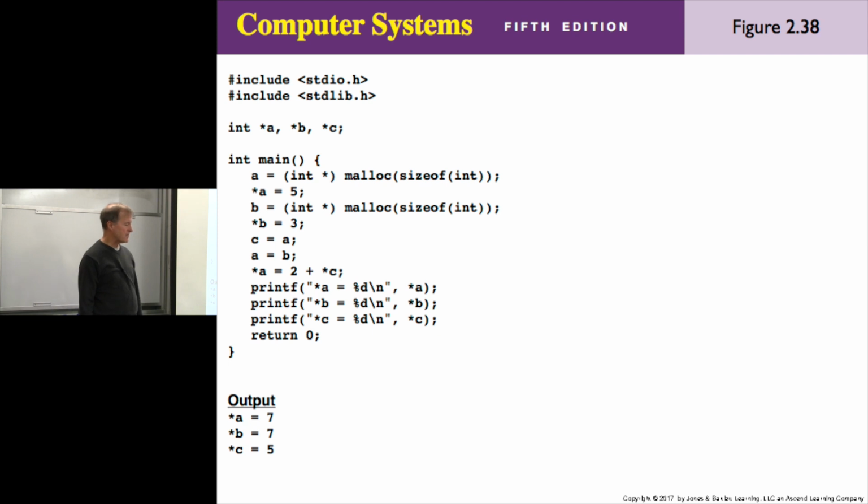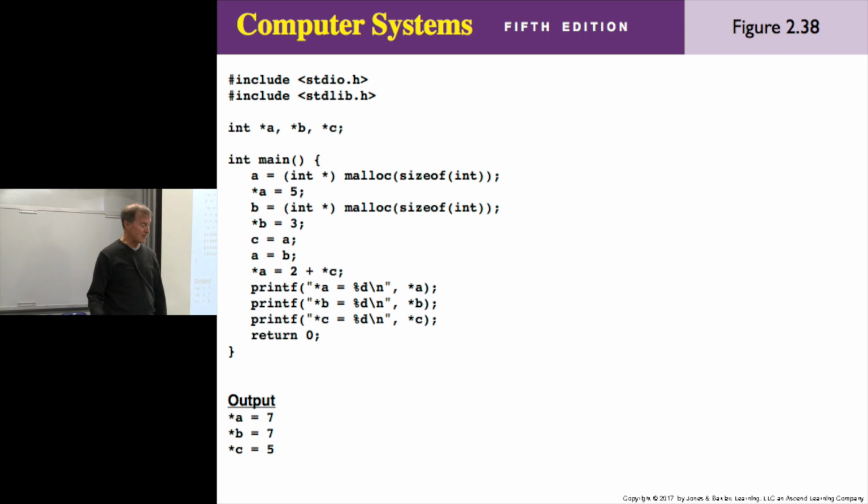And notice that in C, instead of saying A gets new int, the syntax is a little more cumbersome. You say A gets (int *), so it gets a pointer to an int, and then you call malloc to allocate enough storage for an int. So you say malloc(sizeof(int)).